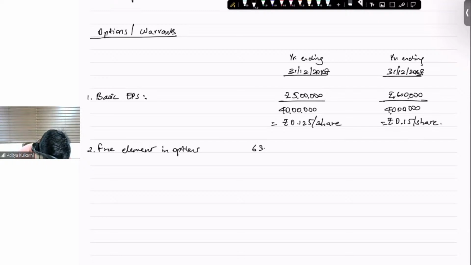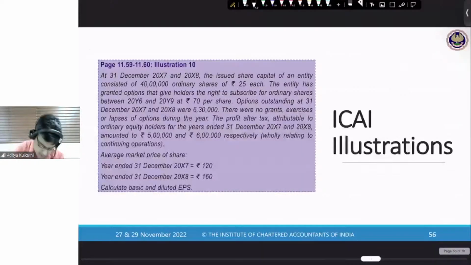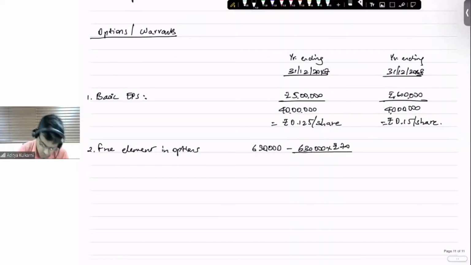Six lakh 30,000 options were given. Exercise price is 70. Year ending 31st March 20x7, the fair value is rupees 120.